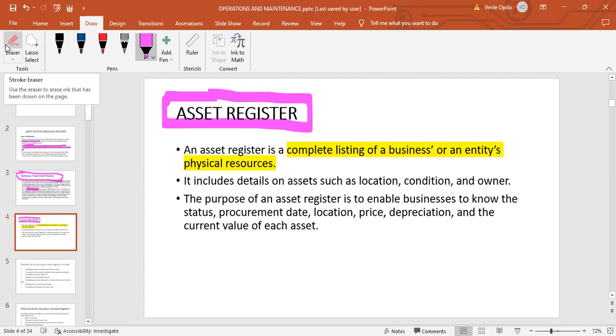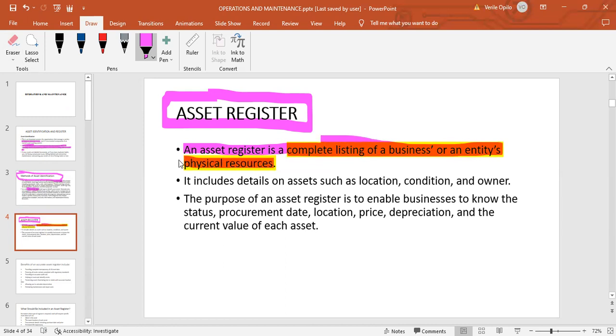All those details about an asset, whenever it is acquired and maintained in the business, are going to be included in an asset register. So you can say that an asset register is a complete listing of a business's or an entity's physical resources, all the resources that the business owns at a given point in time.